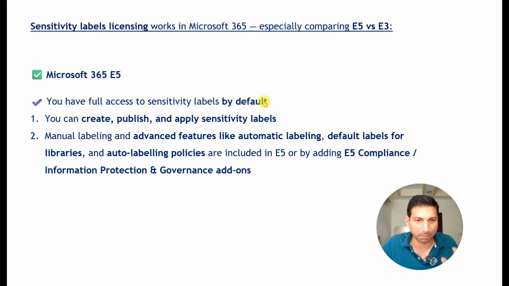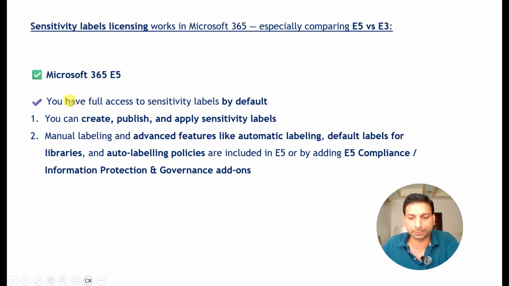You can create, publish, and apply sensitivity labels, manual labeling, and advanced features like automatic labeling, default labels for libraries, and auto-labeling policies. These are included in E5, or by adding the E5 Compliance Information Protection and Governance add-on. E5 is the topmost layer of license.